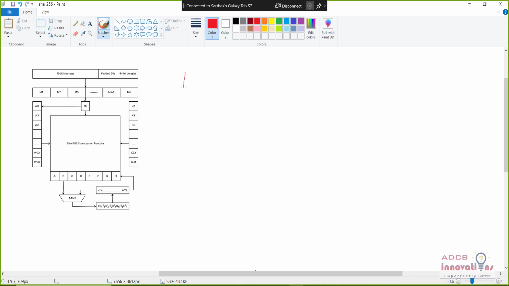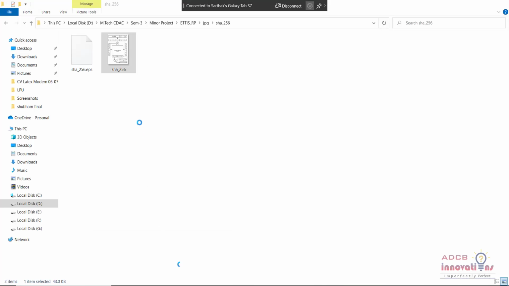This diagram is not very visible, so I will use the original one.